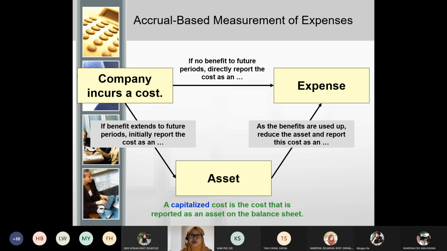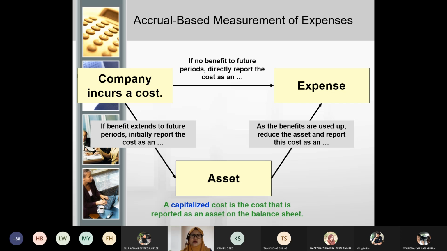When you buy the machine, you know the machine has a future economic benefit because you use the machine to produce products, to produce goods. So that is what we call future economic benefits, because of the ability of the machine to produce goods.